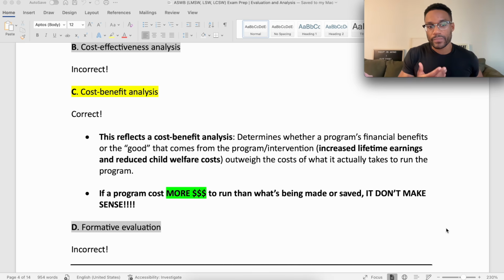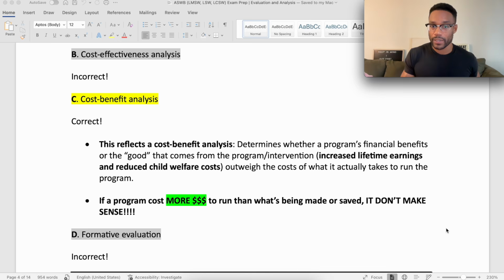So again, if a program costs more money to run than what's being made or saved, it don't make sense. So that's why this one is more reflective of a cost benefit analysis.